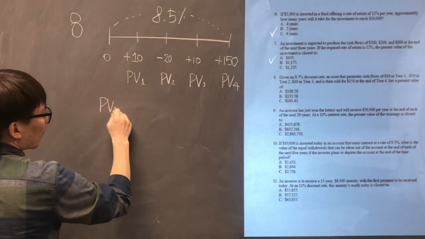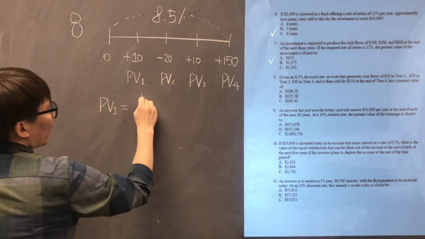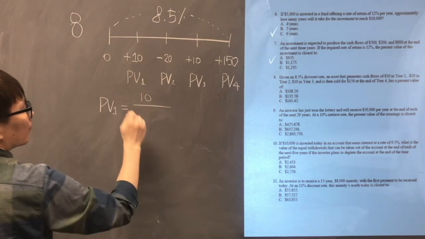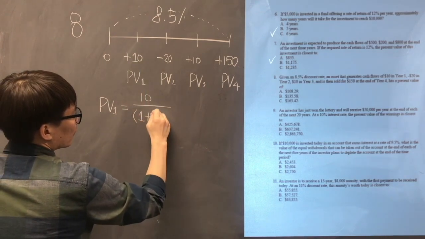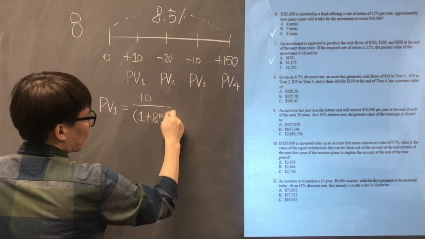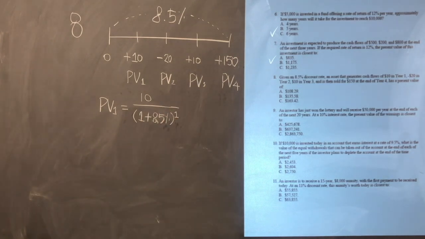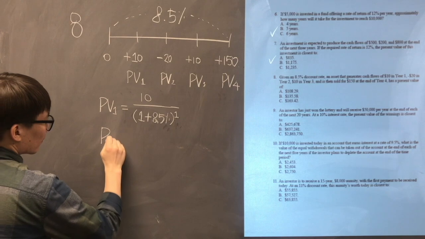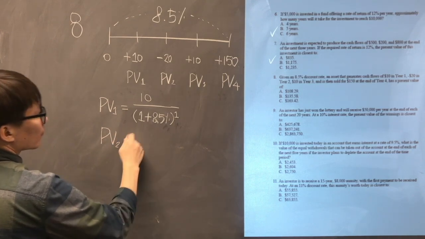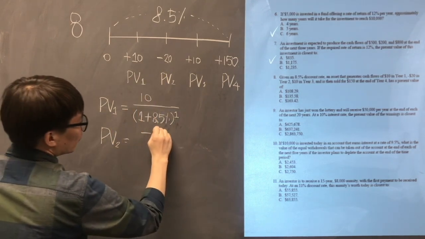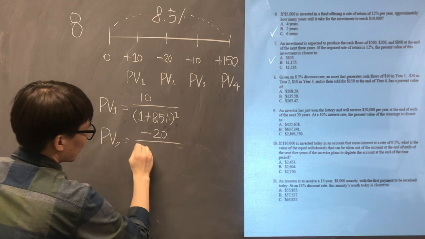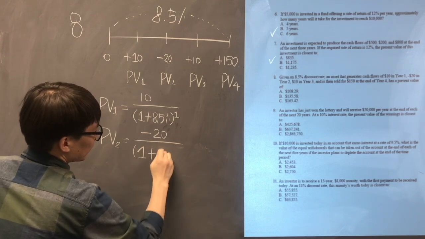Same. 10 divided by 1 plus 8.5%. This is year 1. This will be negative 20, right? Divided by 1 plus 8.5%, year 2.